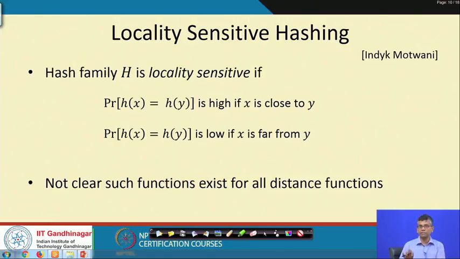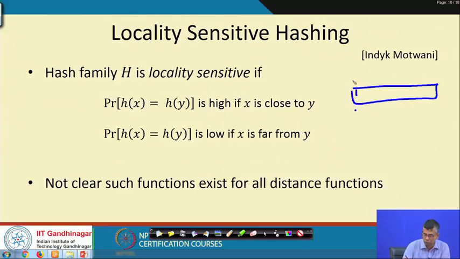For instance, if I chose the hash family H to be the set of all functions from U to 0 to m minus 1, then the collision probability is independent of the distance. So it certainly does not satisfy the locality sensitive property. So how do I even know that such hash families exist?